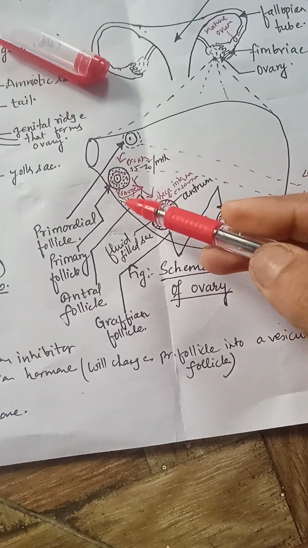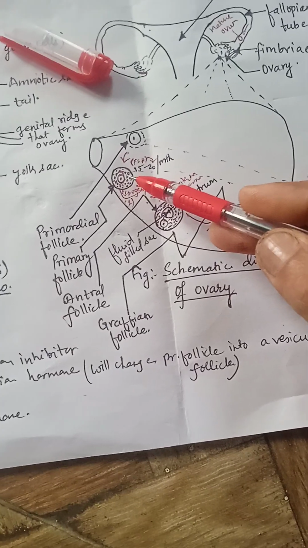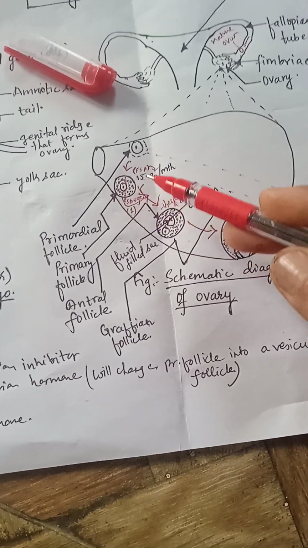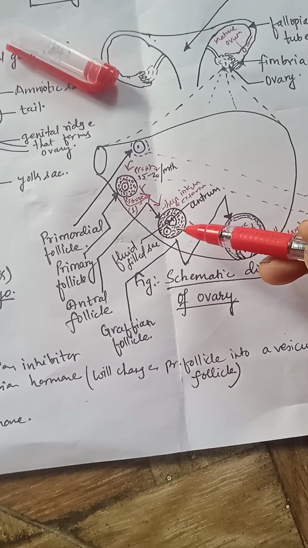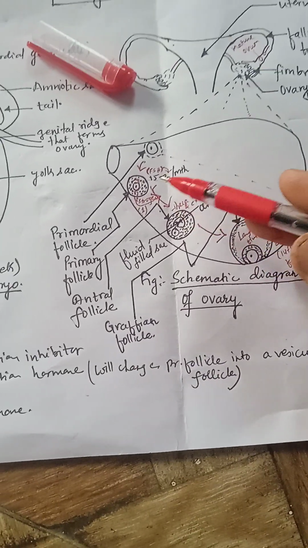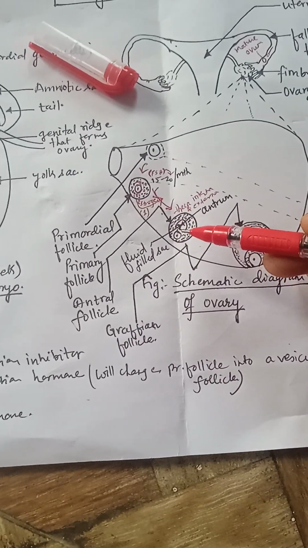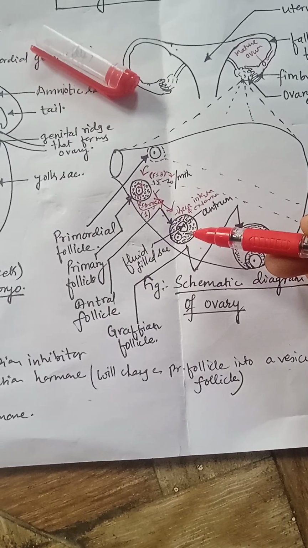After that, we have already seen about 15 to 20 primary follicles. They will undergo modification, changing into antral follicles, but all of them won't stay alive. Out of 15 to 20, only one secondary oocyte contained inside the antral follicle will remain alive.